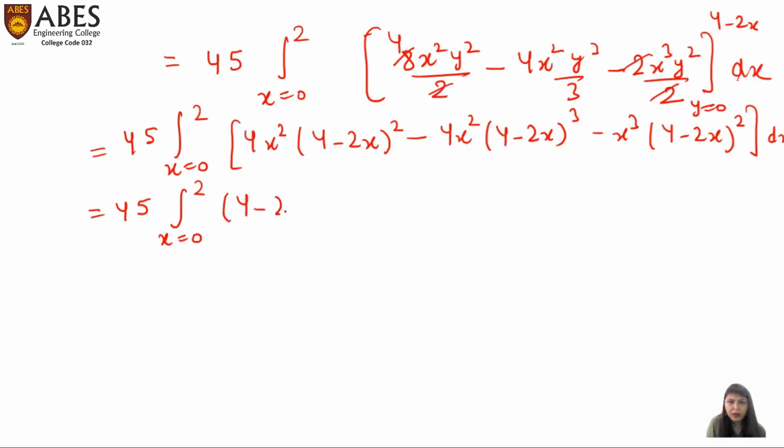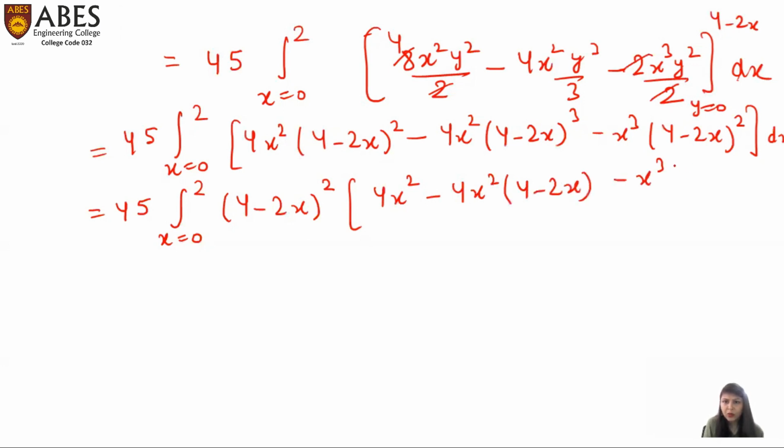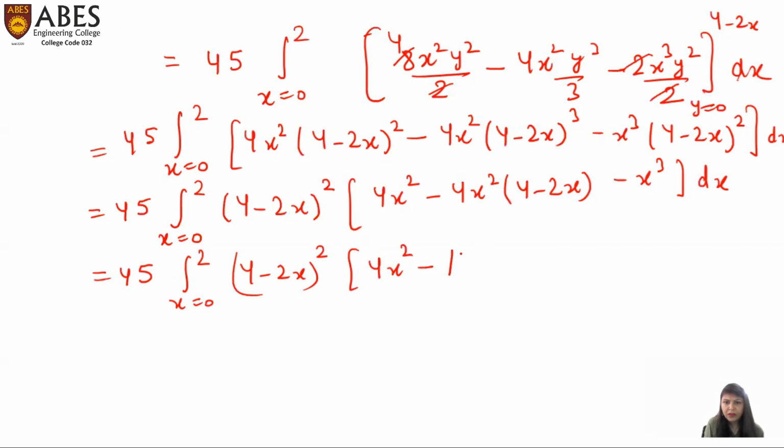We can take 4 minus 2x whole square common, and we get 4x square minus 4x square into 4 minus 2x minus x cube into dx. So x equals 0 to 2, 4 minus 2x whole square. When we solve this value, we will get 4x square minus 16x square plus 8x cube minus x cube into dx.